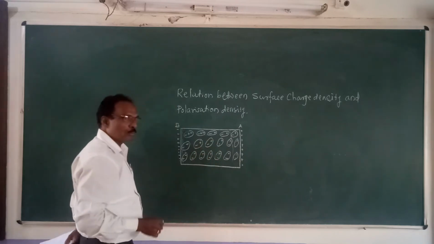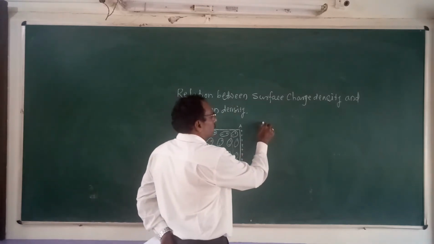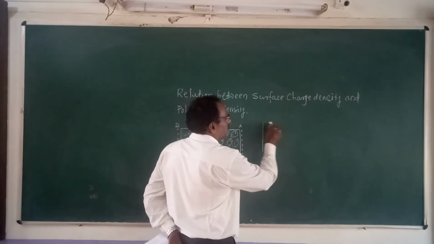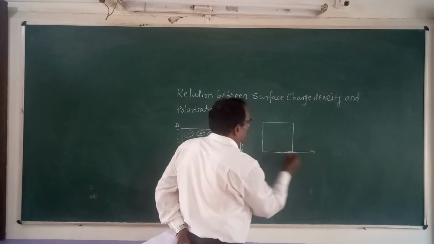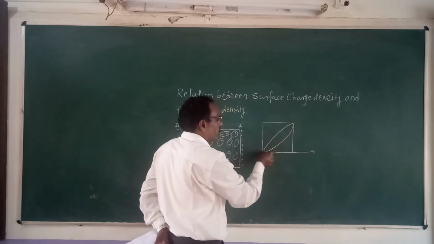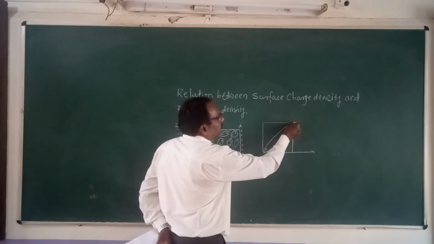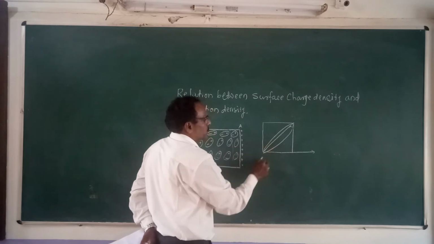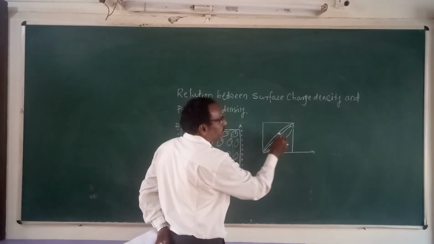If you take a zoomed picture of this for a single molecule, say this is a dipole. This is a positive charge, this is a negative charge, and say this is the angle made by this.